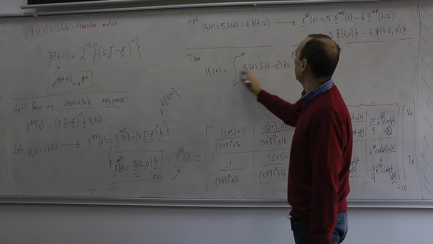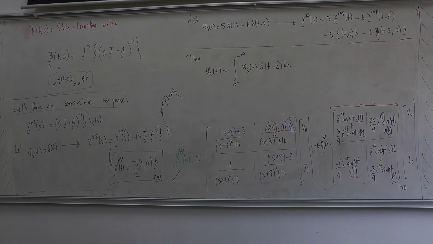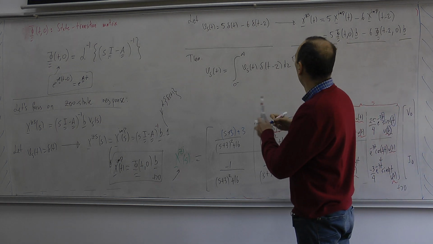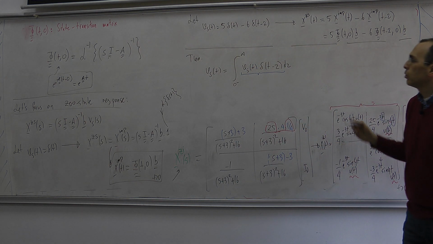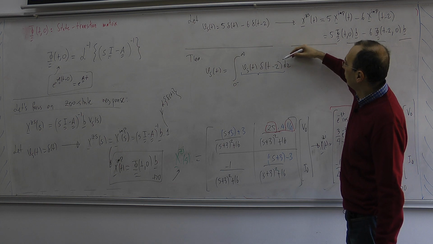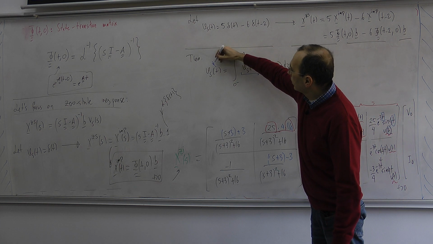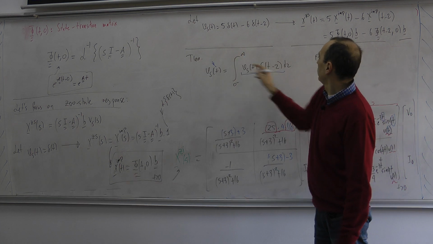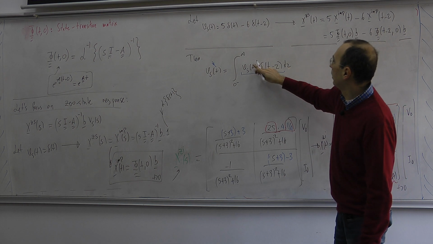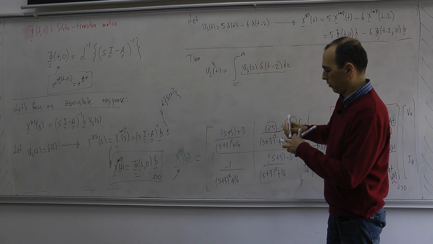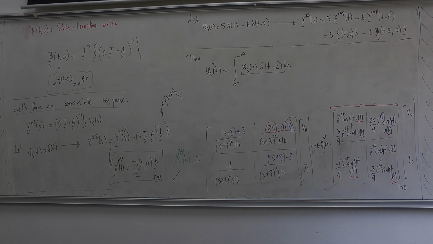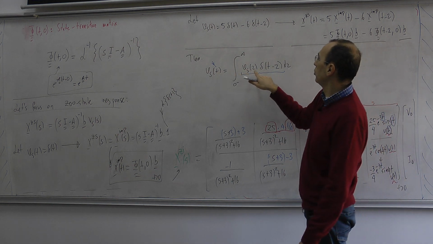Well, Vs of t is equal to something more complicated, you may say. But if I apply the rules of Dirac delta calculation, what is this? For the sake of this integration, t is something fixed. The integration is with respect to tau, as you see. For the sake of that calculation, t is just a constant quantity.